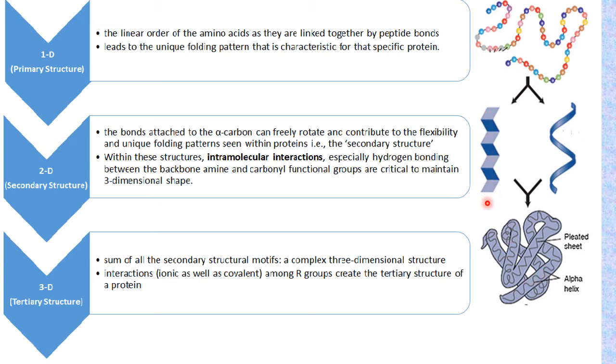Here, hydrogen bonds were formed between the backbone of the polypeptide sequence, and at the tertiary structure level, there is bond formation between these various secondary structures formed from this polypeptide sequence, and these bonds may be ionic or covalent bonds.